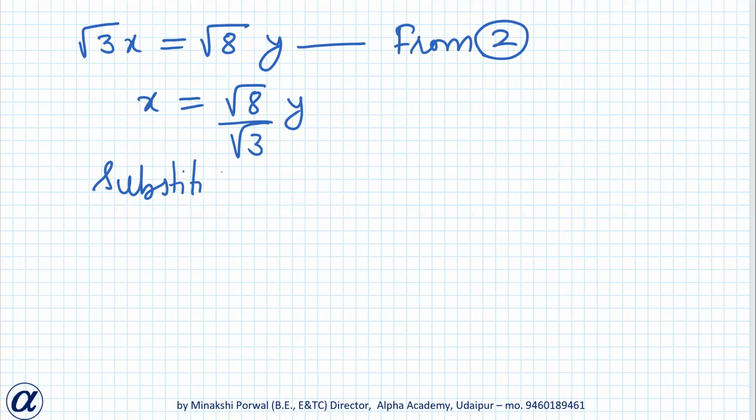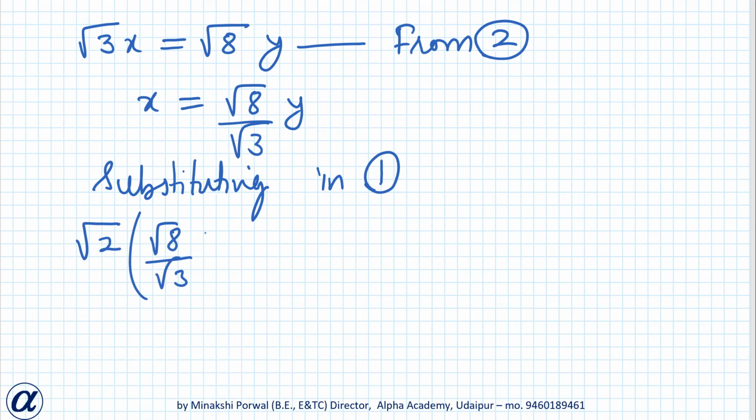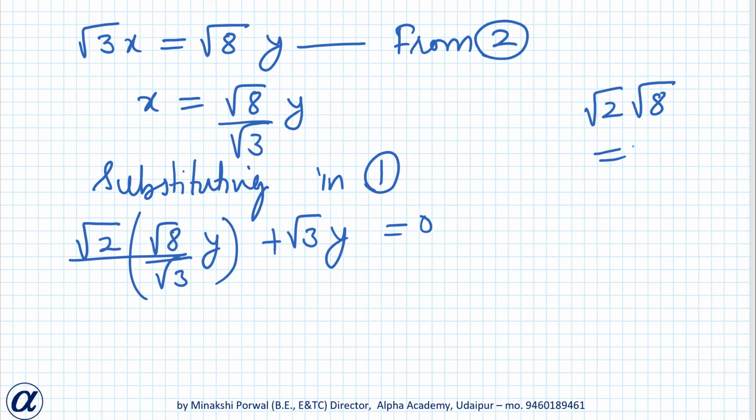Substituting in 1. So root 2 into root 8 upon root 3 y plus root 3 y equals 0. Root 2 into root 8 becomes root 16, and that becomes 4.